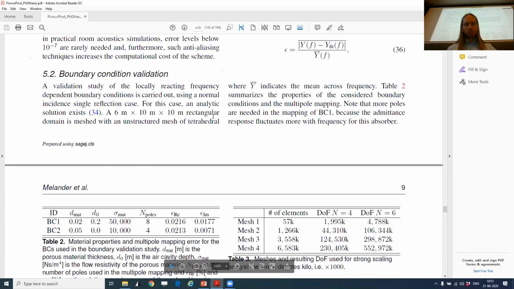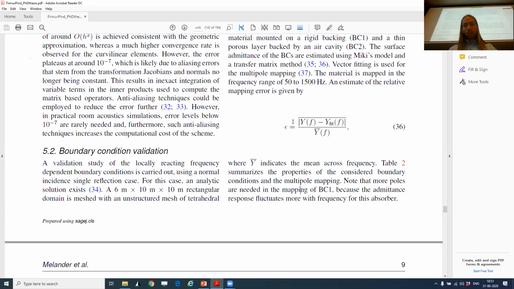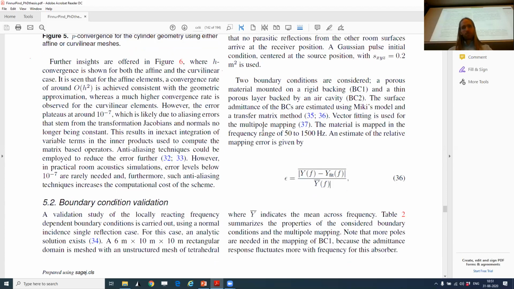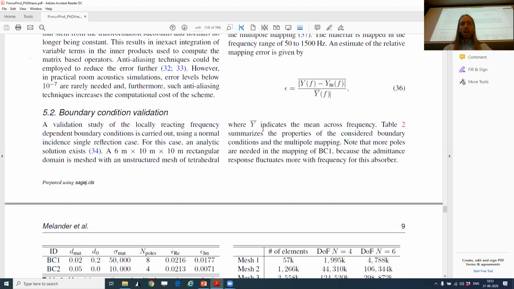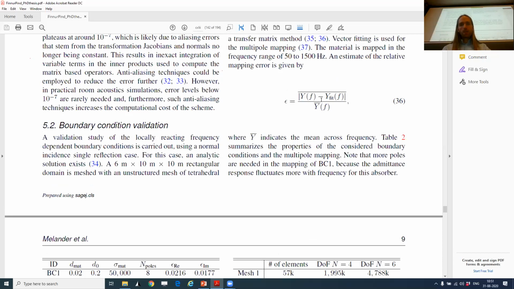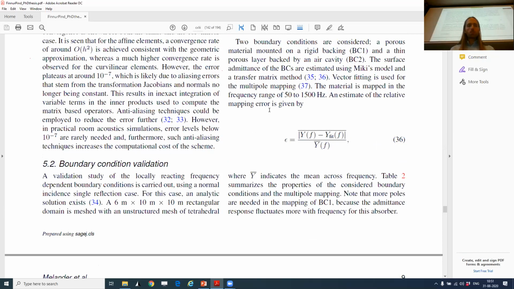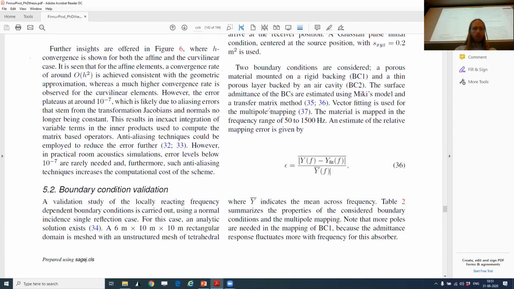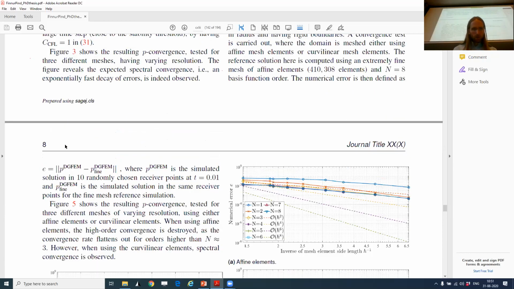But this is an error measure I came up with myself, and it's open for criticism, let's say. It's a way to measure the mapping accuracy, but there were almost certainly other ways to do it as well.